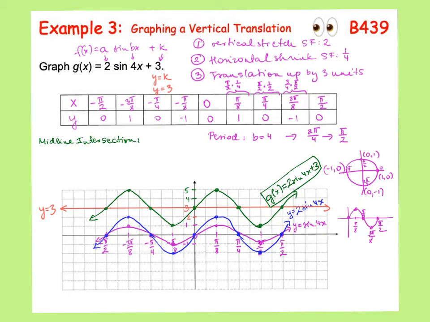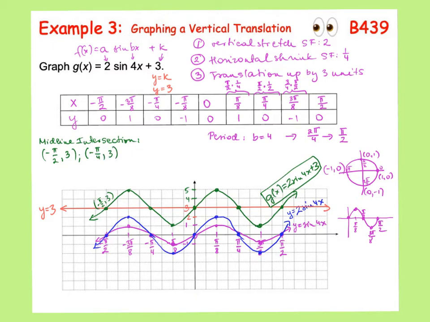but I'm interested in our midline intersection. So if I describe the first point, it's going to be at negative pi over 2, and the y-coordinate is 3. So this point right here is negative pi over 2, 3, right? So the y-coordinate of all the midline intersections are going to be 3. So the next midline intersection is negative pi over 4, 3.